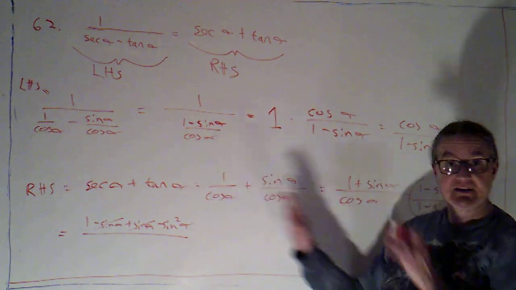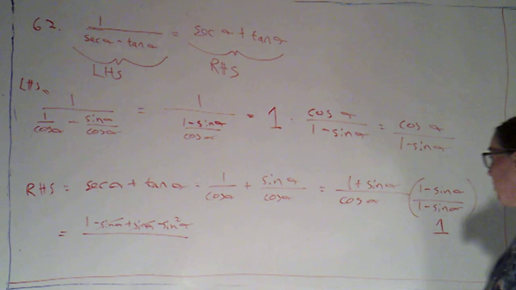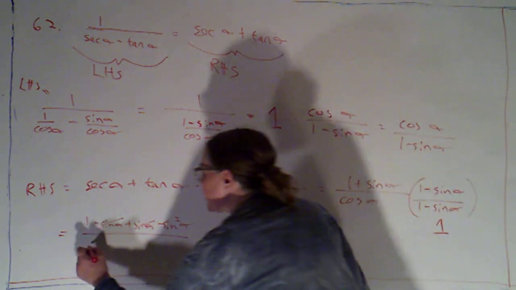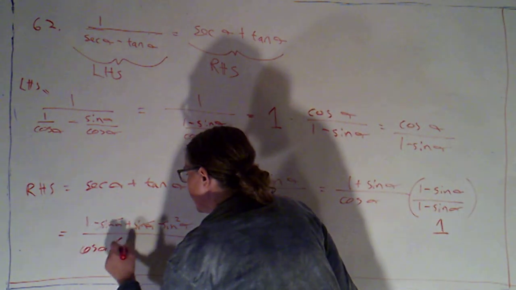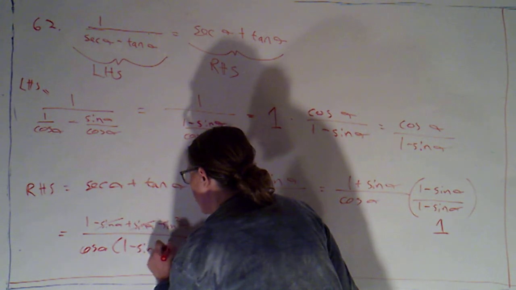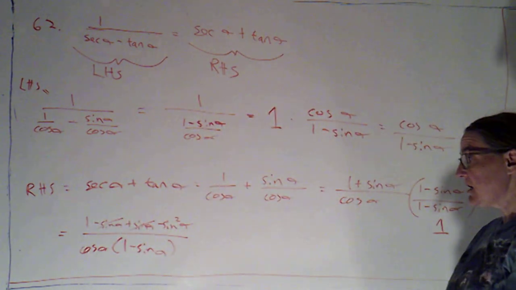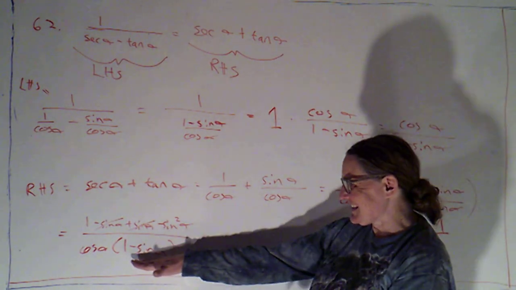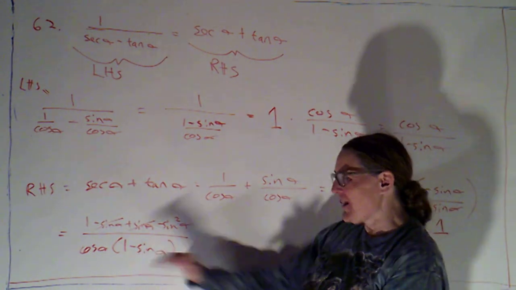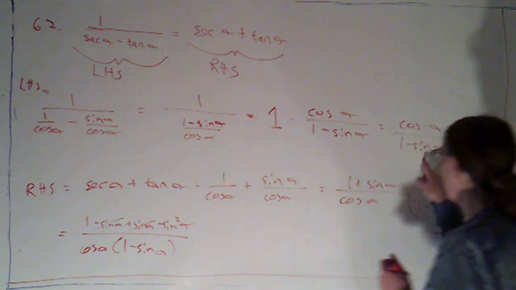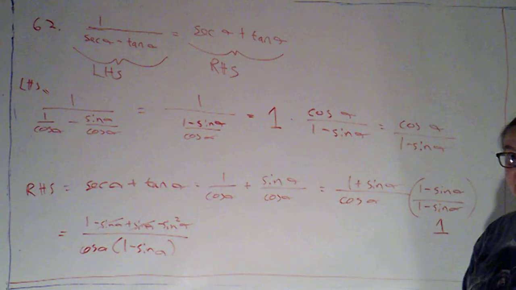And if you're comfortable seeing that and going right to that, that's totally fine. Now on bottom, I've got cosine of alpha times 1 minus sine alpha. Notice I'm choosing not to distribute that multiplication because I like having this in the denominator. I don't want to muddy it up. That's sort of what my goal is, to have just that in the denominator.